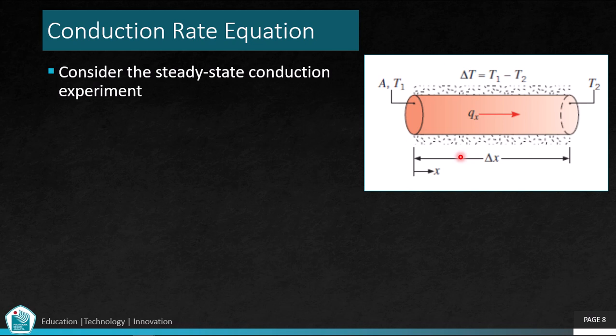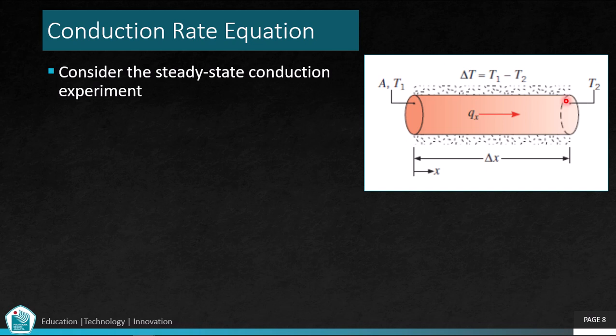In this figure, we can see a cylindrical rod, for example, of a known material, and it's insulated on its lateral surface. There is an insulator here. While its end faces are maintained at different temperatures, with T1 higher than T2.